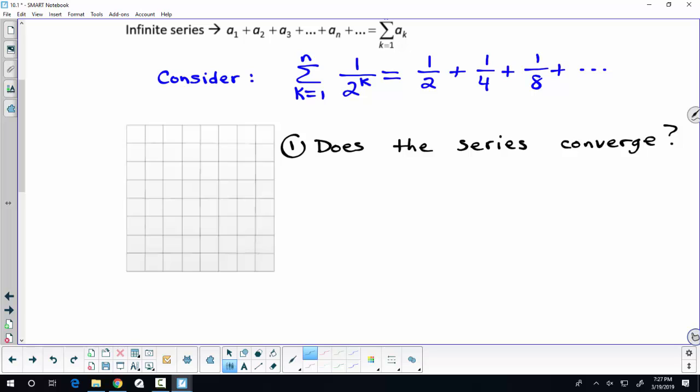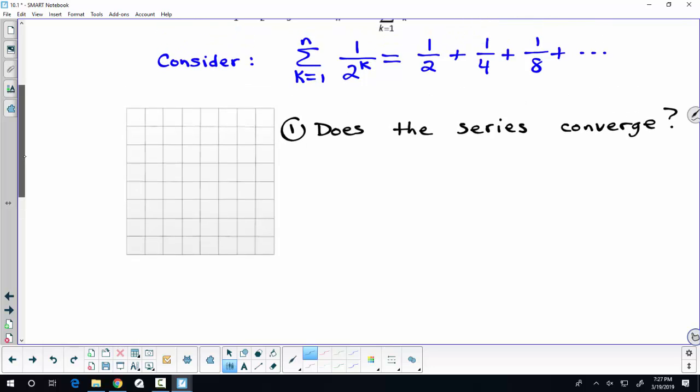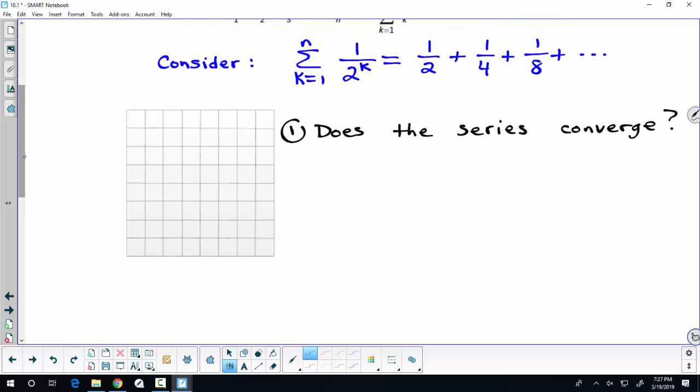So we've got to remember this is no longer a list of numbers. It's not 1/2, 1/4, 1/8. It's all of those things added together. So we'll make it a little bit more official, but what we have to do here is look at partial sums. So we're going to look at the sequence of partial sums.